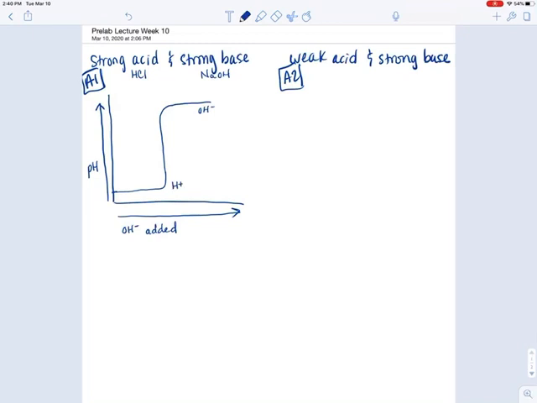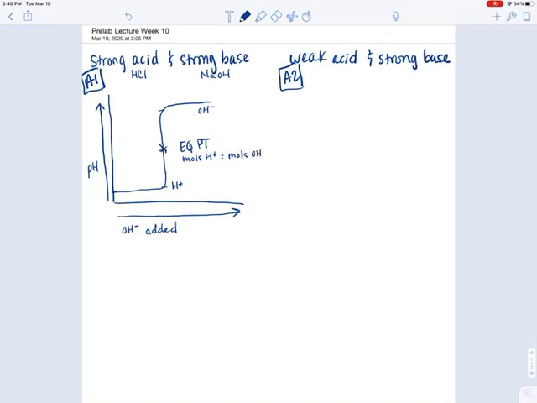So we start out with mostly H+, end up with mostly OH-, and somewhere right in between these two points, we've got the equivalence point. The equivalence point is where the moles of H+ equals the moles of OH-.